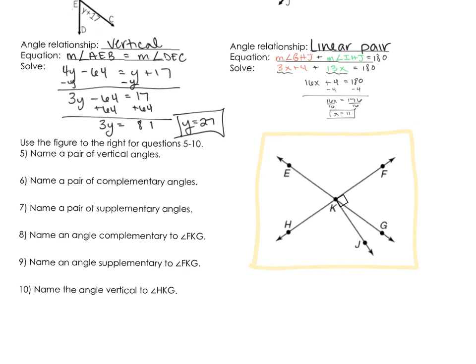So make sure you try questions 5 through 10. I am hoping that we'll get a bunch of different answers that we can talk about next class, because there are lots of different pairs of vertical angles, for example. You can find lots of pairs of supplementary angles, so there are lots of right answers for these problems.